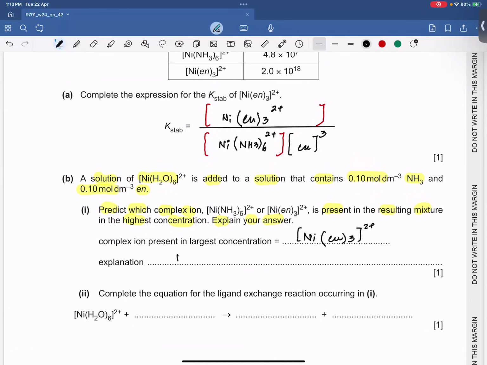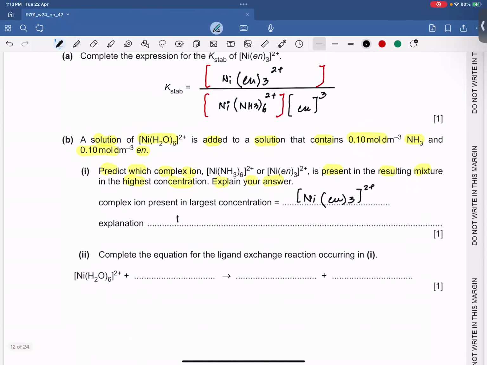Oh, explanation. Because, oh my goodness, not concentration.